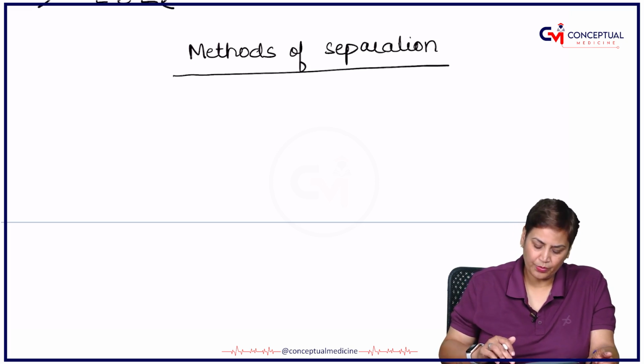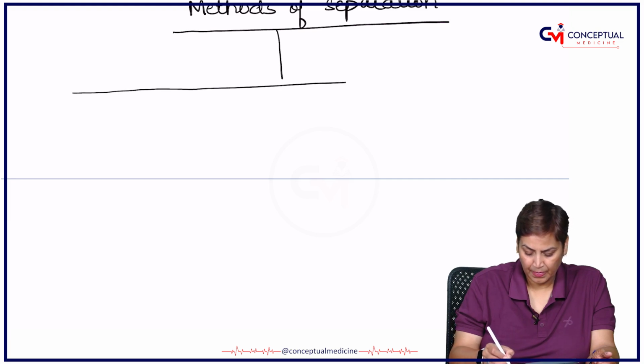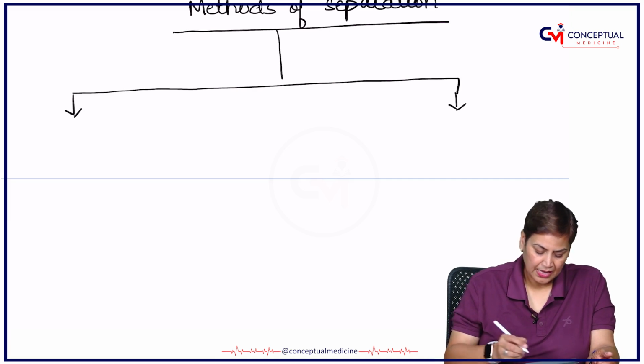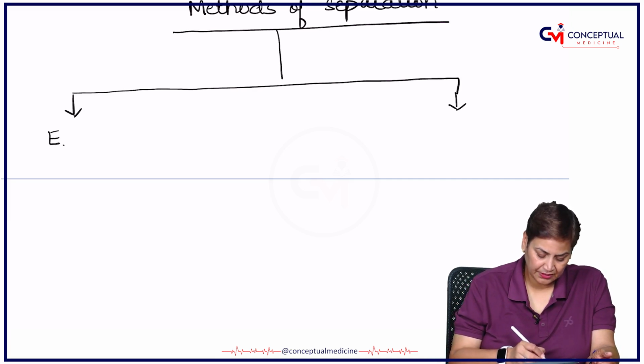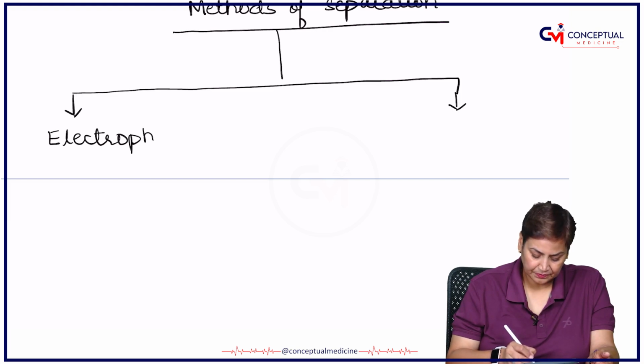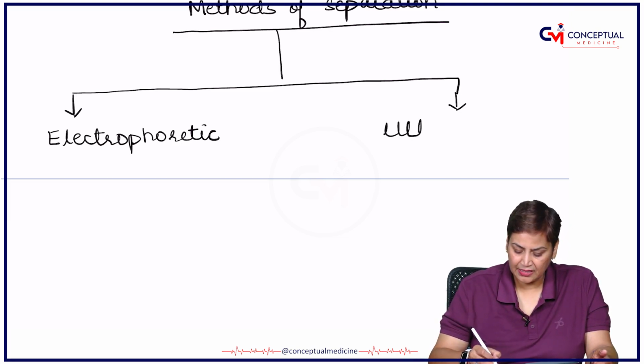There are two methods. One is electrophoretic separation, or electrophoresis, and the second is ultracentrifugation.